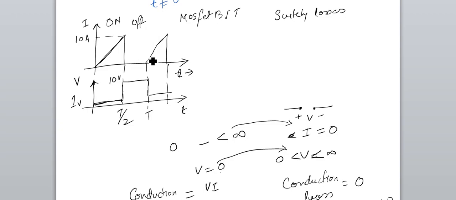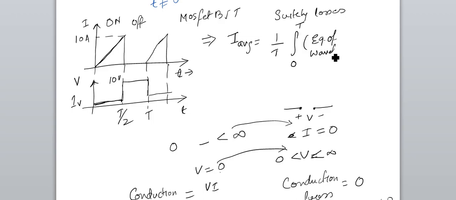For any waveform, like here the current waveform, the average value is calculated as 1 upon the time period, integration from 0 to total time T, of the equation of the waveform, dt.